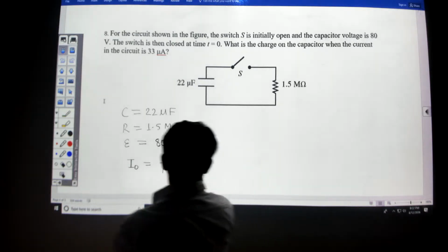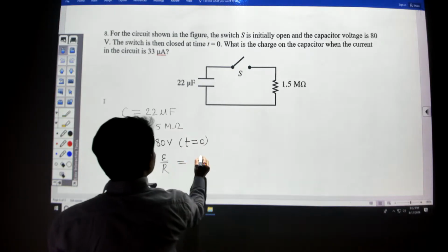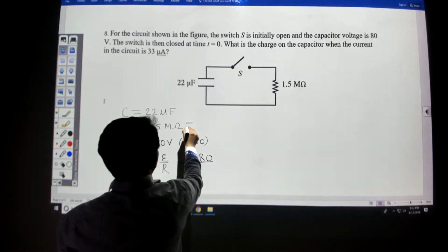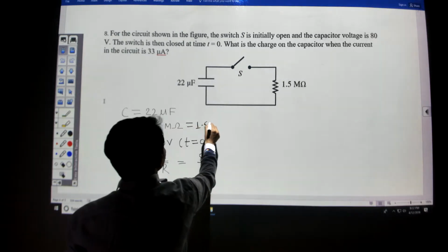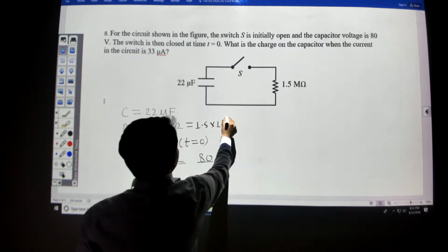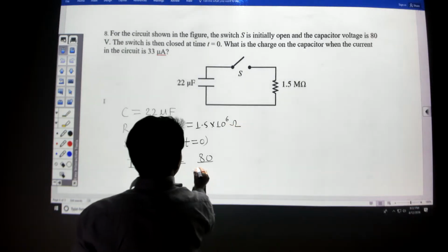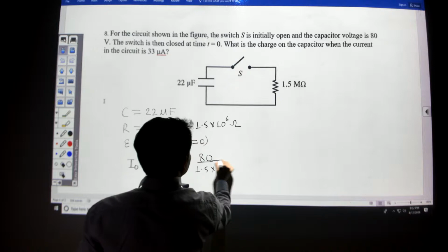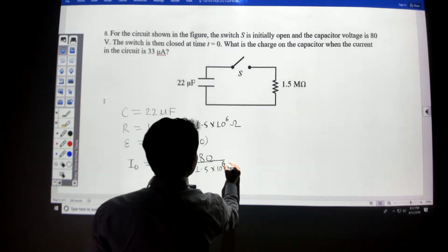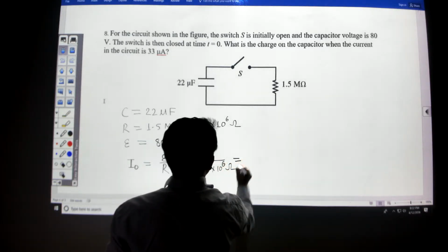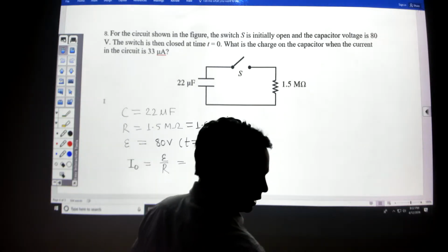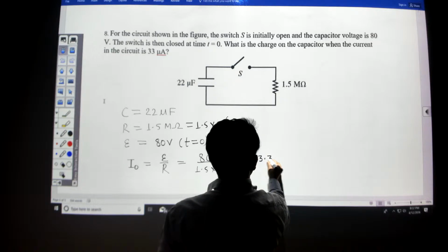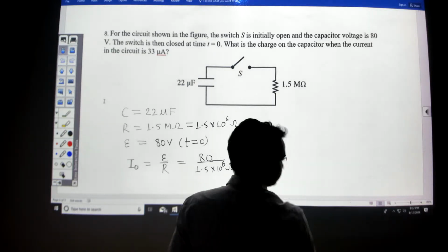So let's plug in all the numbers here. This is 80 volt. R is 1.5 mega ohm. The mega ohm is 1.5 times 10 to the 6 ohm. When you do your math, the number you will get is 53.3 microampere.